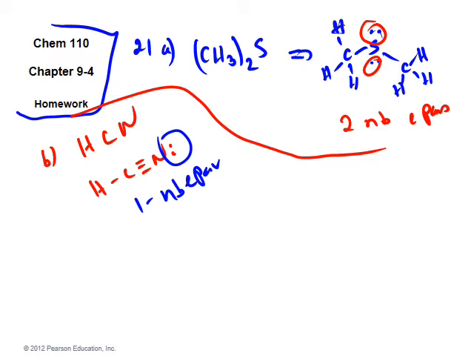Now if you want to do number C, by now you probably know how to quickly write down the structure. H2C2. What I would do, there are 2 carbons, I'd write down carbon back to back and distribute 2 hydrogens evenly among those 2 carbons. So let's have 1 hydrogen here, 1 hydrogen here.